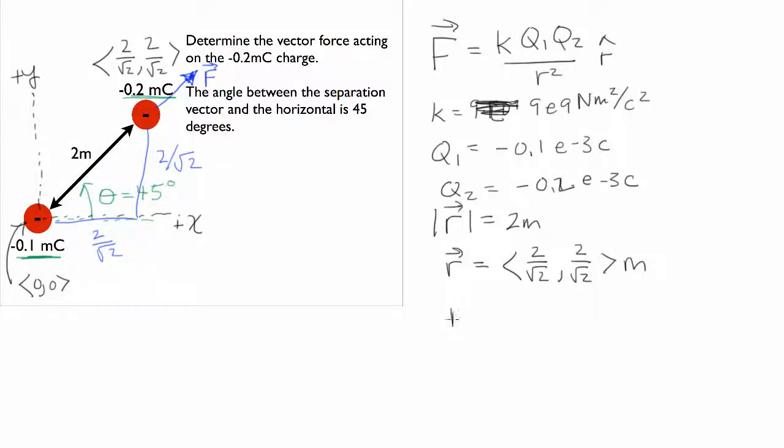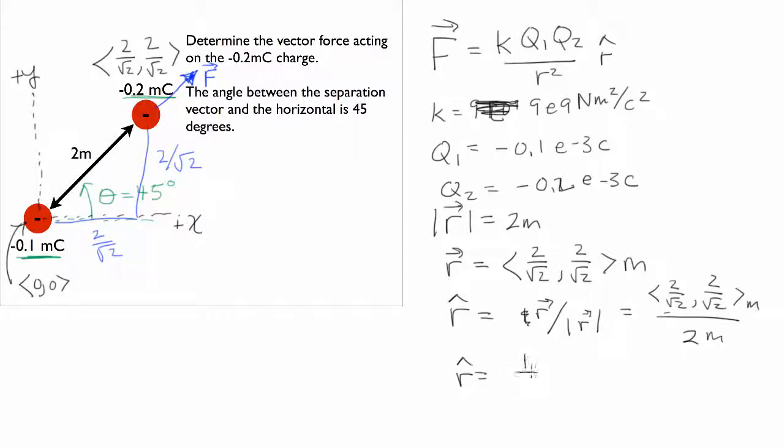So the r hat vector, which is the r vector divided by its magnitude, is 2 over root 2, comma, 2 over root 2, divided by 2. And so the r hat vector is 1 over the square root of 2, comma, 1 over the square root of 2. If you take the magnitude of that, you'll find that it's 1. It has no units because it is a unit vector. These meters cancel.